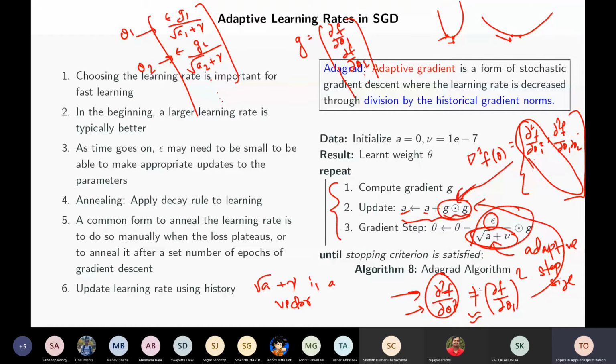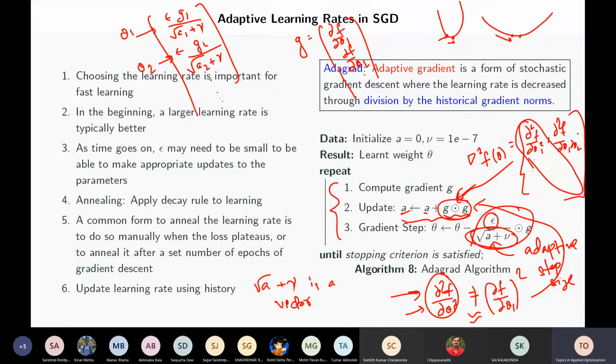Someone may come up with a counterexample and say that there are cases where it's not, and then this will not work. Obviously, SGD and many of these are heuristics. I may prove that for a certain class of problem this is good, so you should go with AdaGrad, while there are certain cases where you should not use this.